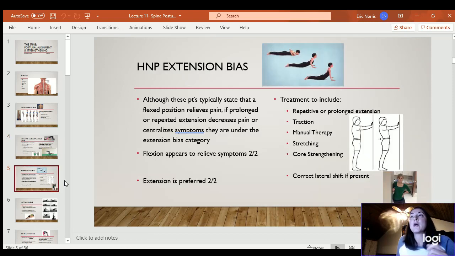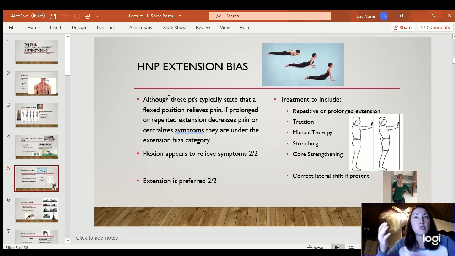So our herniated nucleus pulposus extension bias. Even though we call it an extension bias, most patients prefer flexion. This means, even though they'll say, I feel better when I'm slouched, I feel worse when I'm standing straight, if they do, you have them do some repetitive extension.